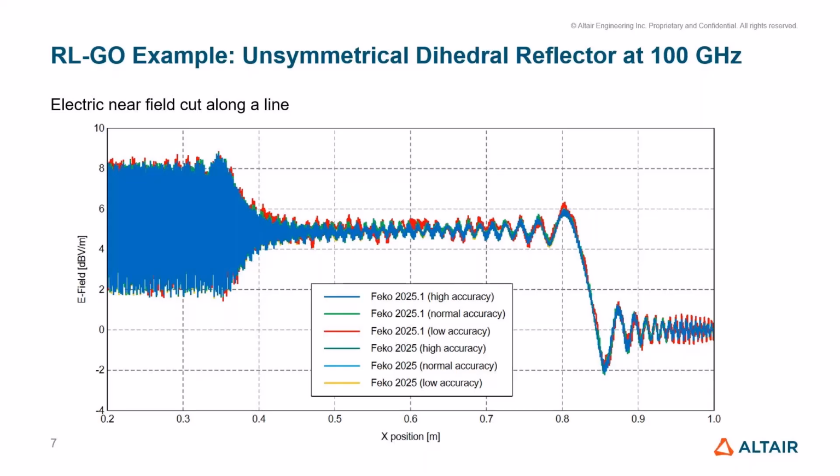This consistency suggests that even at the default or even at the low settings, one can get usable results in many cases. By contrast, the previous version shows some variations at lower accuracy, particularly near the transition regions.